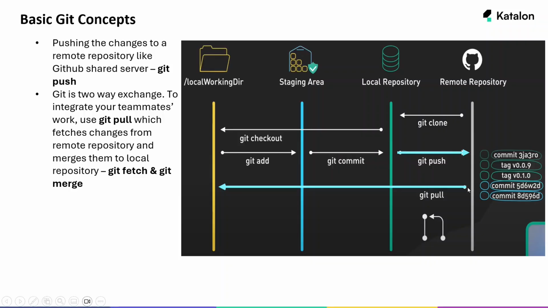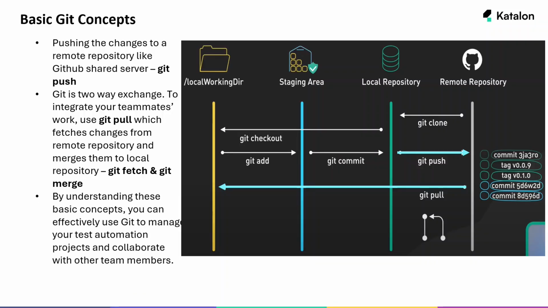So if you see here, if you want to fetch the latest changes done by other team members, you need to use the git pull command so that all the latest changes from your remote repository will be pulled to your local directory. So this git pull uses internally two commands, git fetch and git merge.